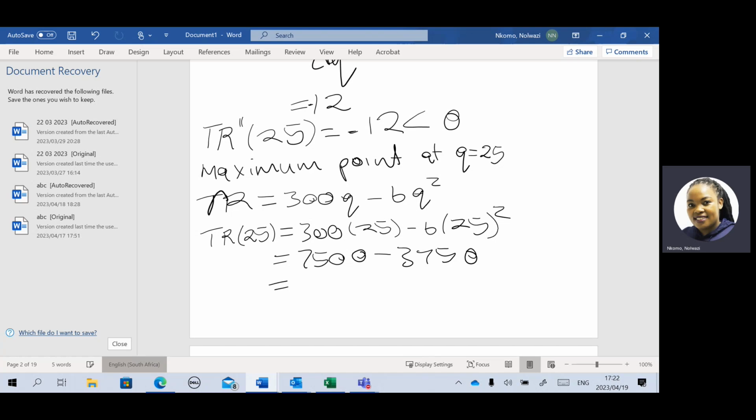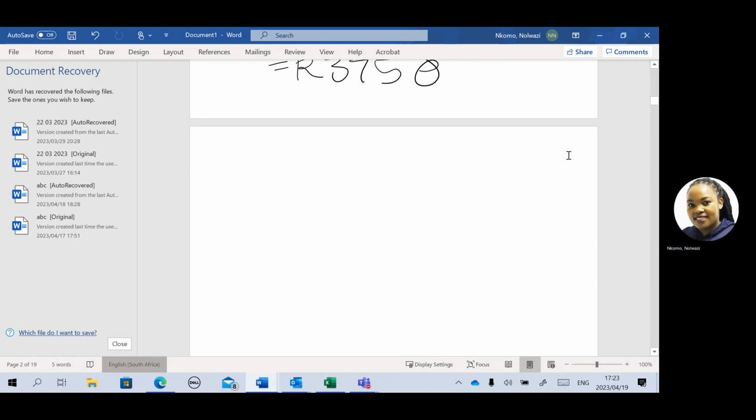And if you punch this in your calculator, you should get 3,750. Okay, this means when 25 units are sold, the total revenue is a maximum of 3,750.